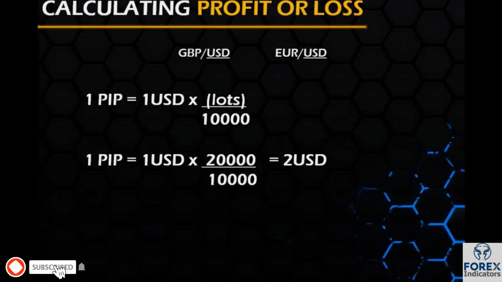So you should just calculate using that. If you know you're entering a trade where you want to make about $20 and you know it'll make only 10 pips in movement, then probably you would buy 20,000 units of the GBP USD or the Euro USD.